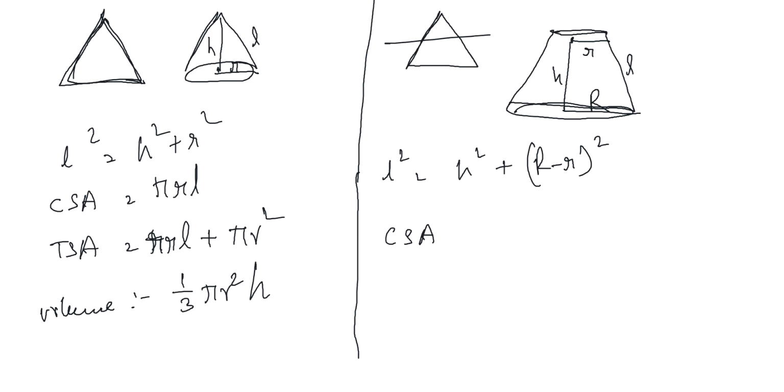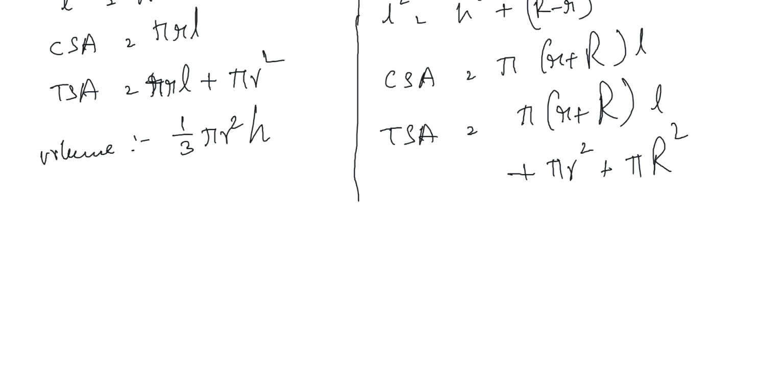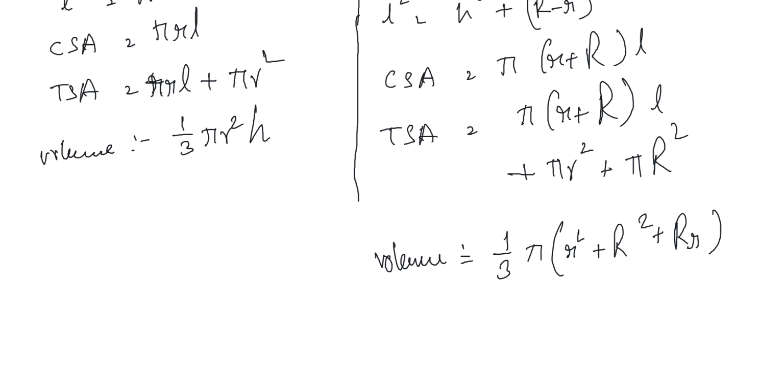CSA is given by pi (R plus r) into L. Total surface area is given by pi (R plus r) L plus pi r square plus pi capital R square, and its volume is given by 1/3 pi (R square plus r square plus Rr) into h, height.